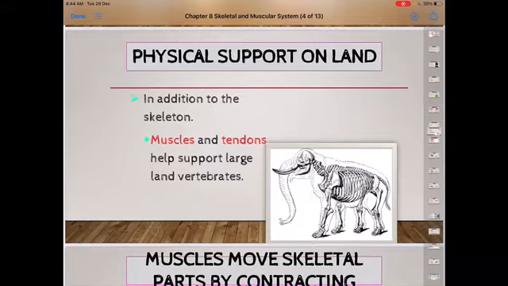So this tendon connects the muscle to bone. For large mammals like elephants, they have muscle and tendon that help to hold their large legs in position so that their legs are kept straight, in order to bear their large weight. So that is the function of muscle and tendon which support the large vertebrates.